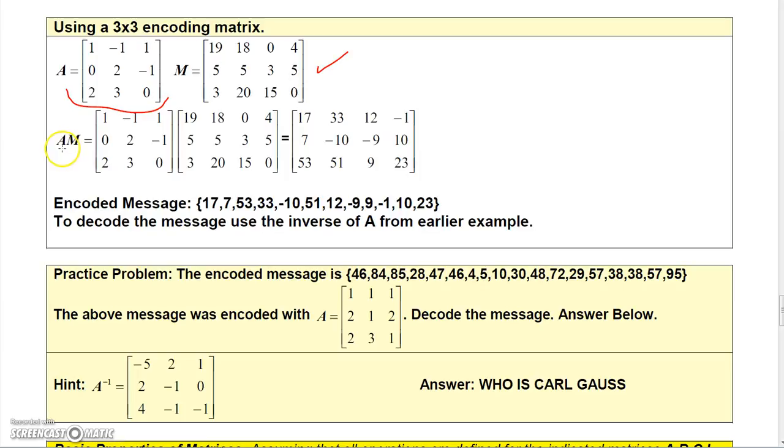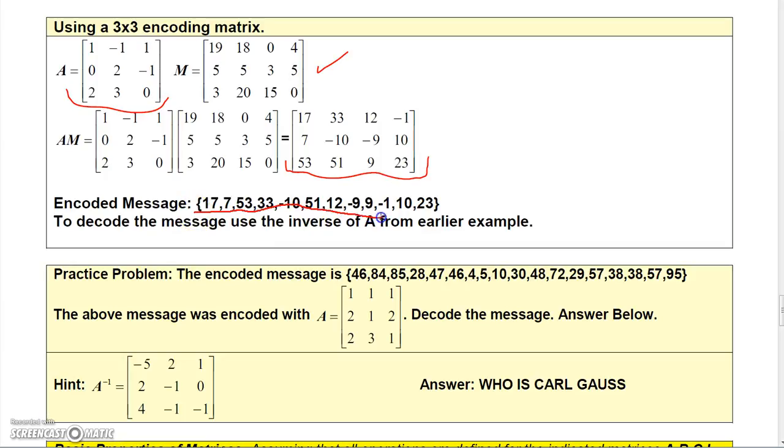So all I have to do is multiply the encoding matrix times the message matrix, and then I get a new matrix here, which is actually my encoded message. So my message would be 17, 7, 53, 33, negative 10, 51, 12, negative 9, 9, negative 1, 10, 23.